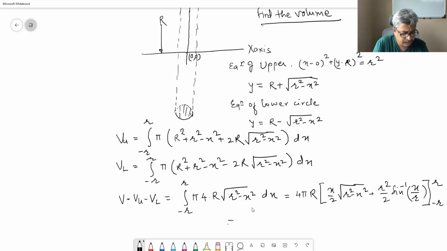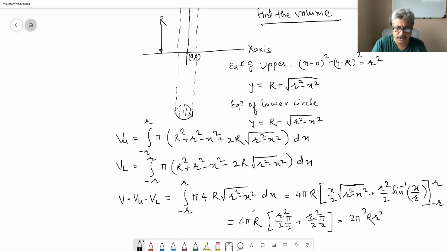If you do that, you get 4 pi R inside bracket r square by 2 pi by 2 plus r square by 2 pi by 2, which makes it 2 pi square R r square. And it is actually 2 pi capital R into pi r square.